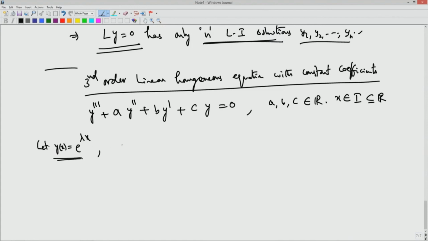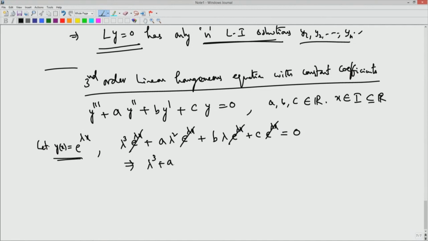If you substitute, the third derivative of e power lambda x is lambda cube e power lambda x, plus a times the second derivative, lambda square e power lambda x, plus b times the first derivative, lambda e power lambda x, plus c e power lambda x equal to 0. Because e power lambda x cannot be 0, the rest has to be 0. That means lambda cube plus a lambda square plus b lambda plus c equal to 0.